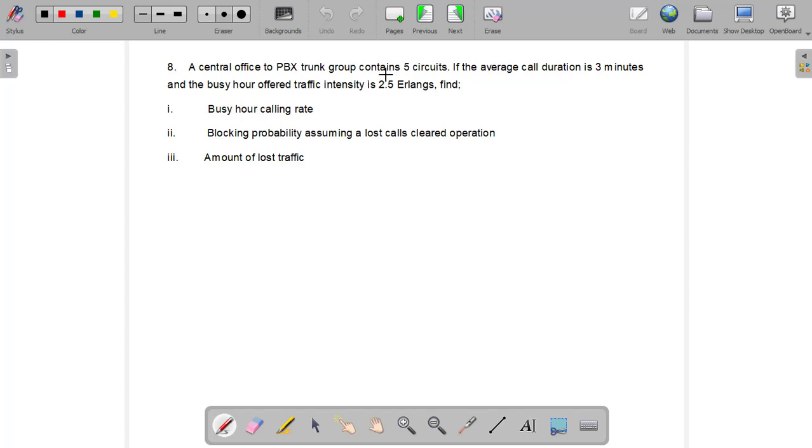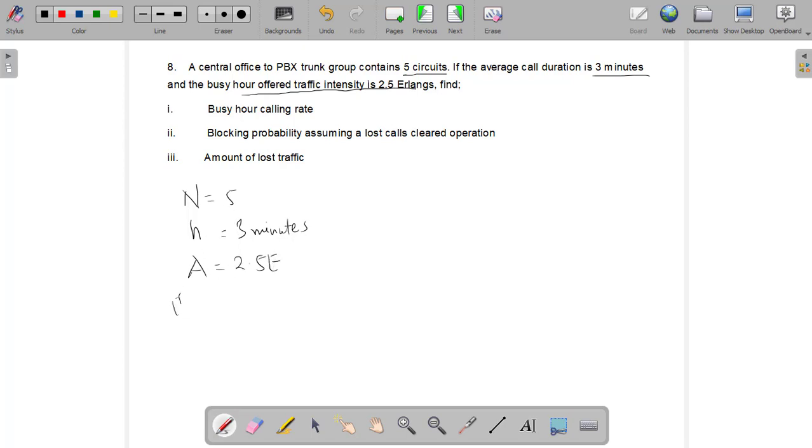So we have 5 circuits that represents our capital N, and then our H being 3 minutes, and then our busy hour offered traffic intensity being equal to 2.5 erlangs.